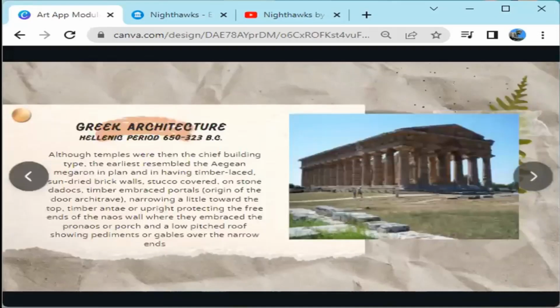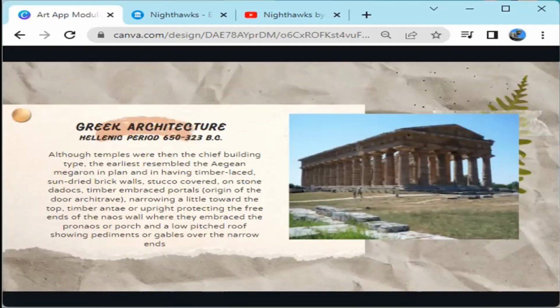So, yung mga Greek, mahahati mo sa dalawang period, Hellenic at Hellenistic. Sa Hellenic, ang focus nito ay pag-build ng mga temples for their gods and goddesses. Okay? So, as you would see here, yung structure is heavily laden by bricks.